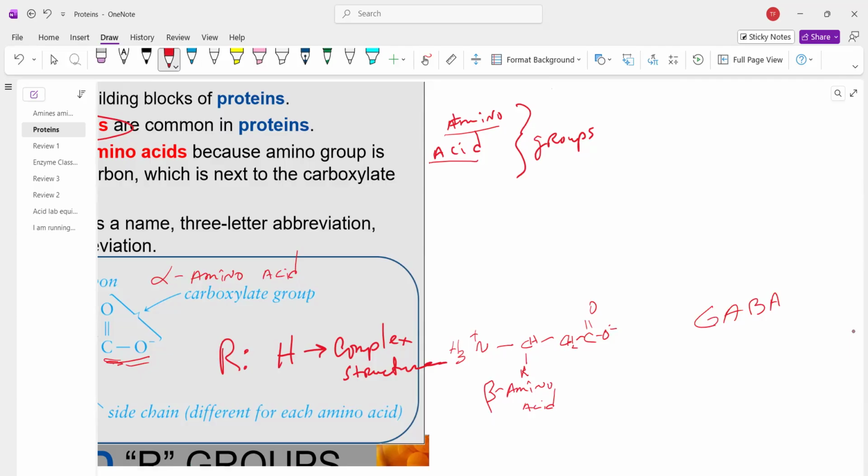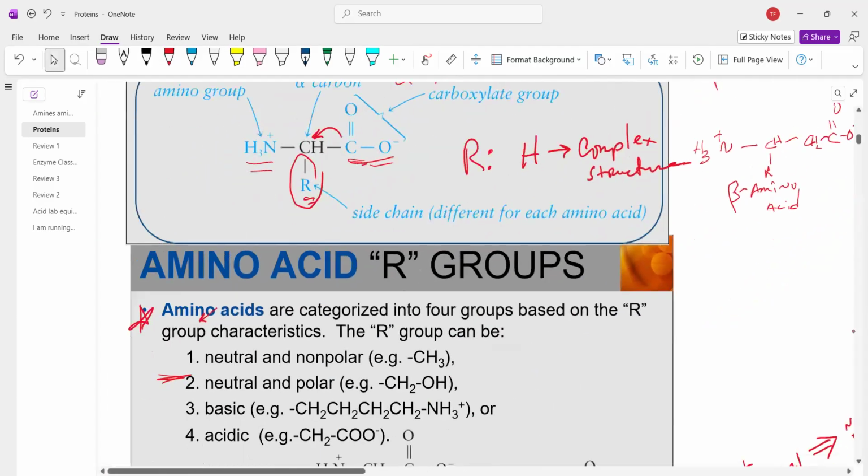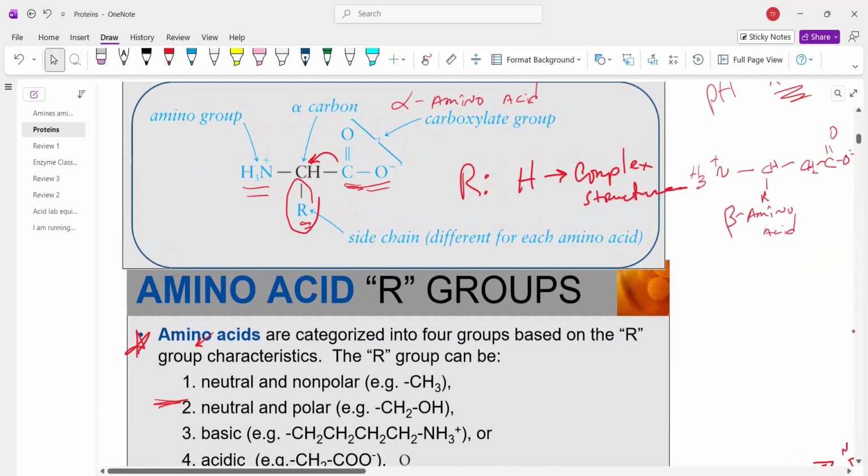And notice I show the acidic end as being ionic, and the amino end is being ionic as well, because at physiological pH, approximately a little tiny bit alkaline, this is the way the amino acids look.